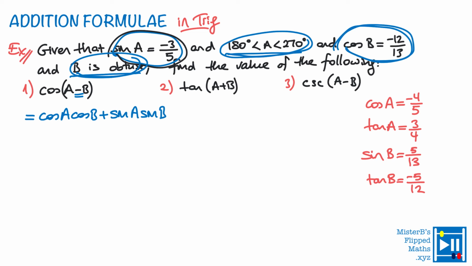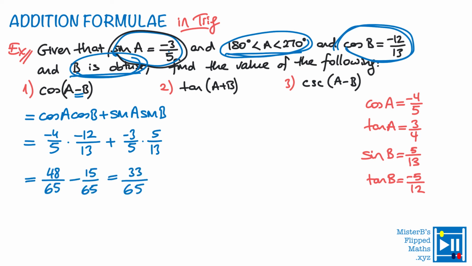So it's going to be cosine A, minus 4/5, and cosine B is given, minus 12/13, plus sine A is given, minus 3/5, and sine B is 5/13. If I do the calculations, I'll get 33/65 for cosine of A minus B. When it comes to tangent of A plus B, let's write the expression.